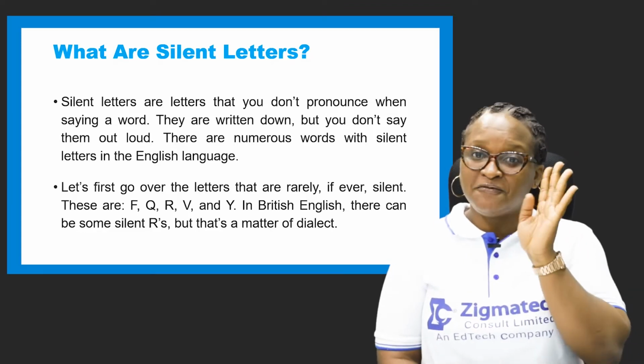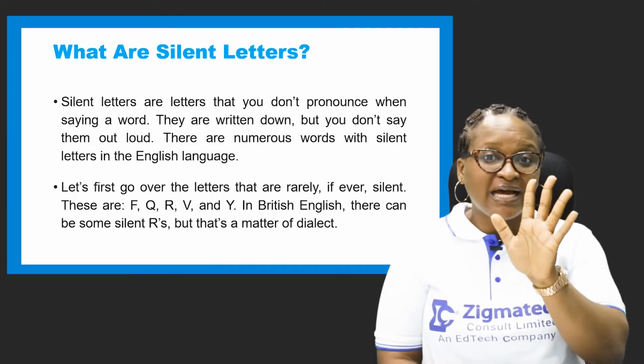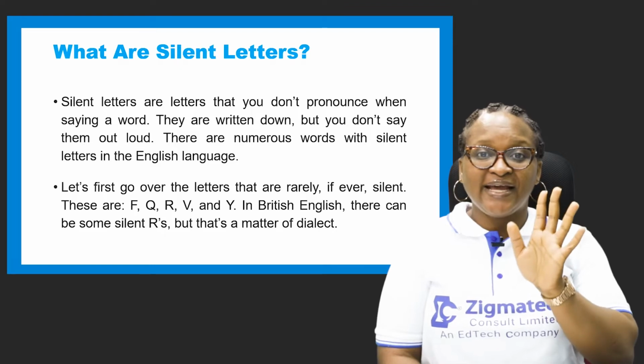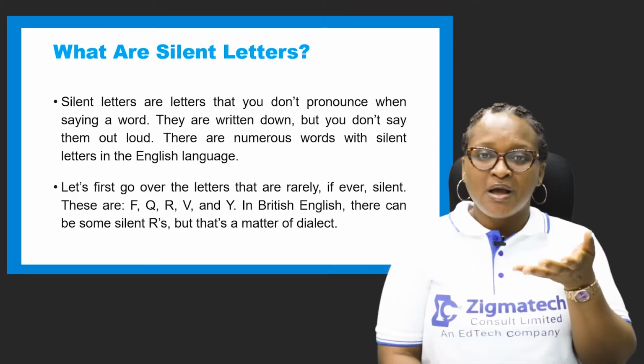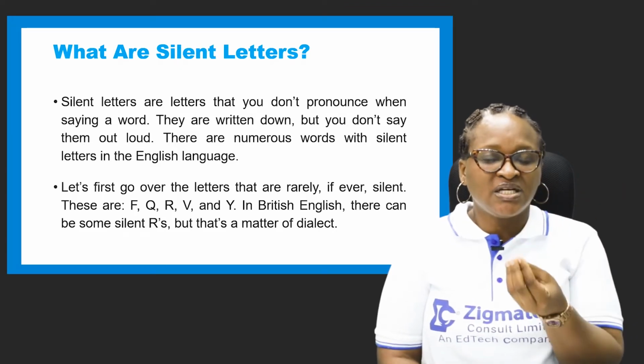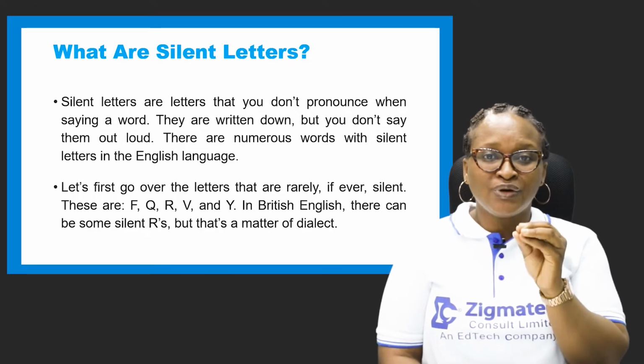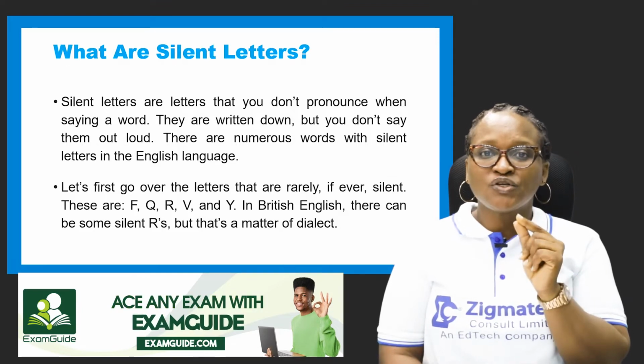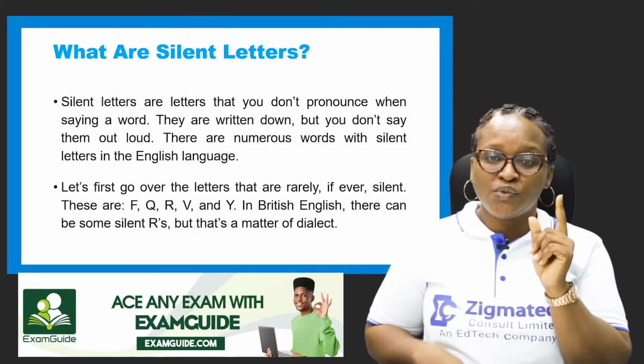So it's important that we know that in English language, we have certain letters that would be referred to as visible. You can see that they are there in certain words, but at the point of pronunciation, you don't pronounce that particular letter. I would like us to understand two things.